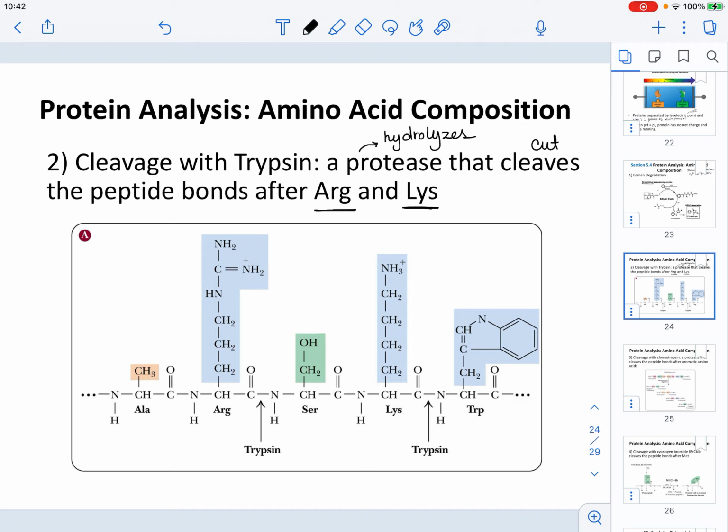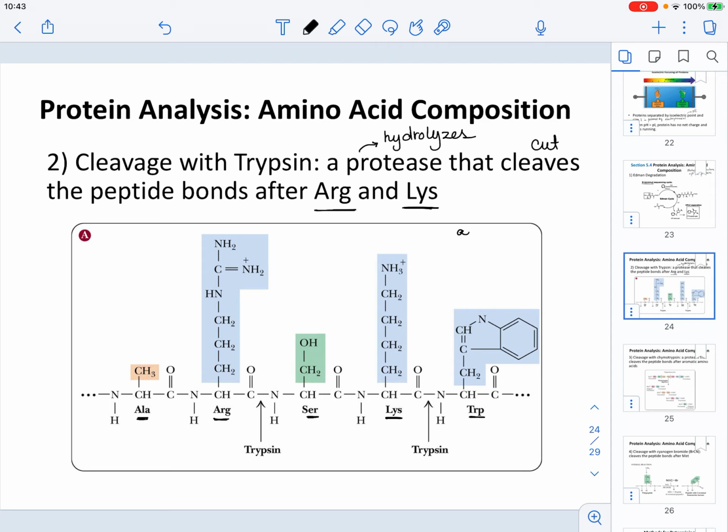So as you can see here in the example that we have alanine, arginine, serine, lysine, and tryptophan. So if we take into account that this peptide is going to be treated with trypsin, I'm just going to write it in a little corner of the right side of the slide.